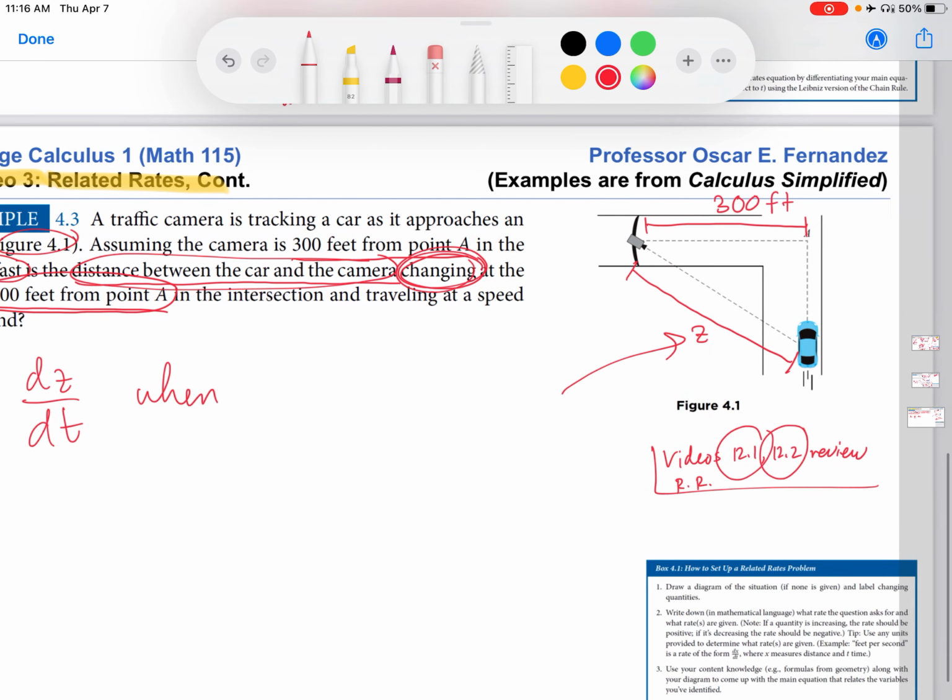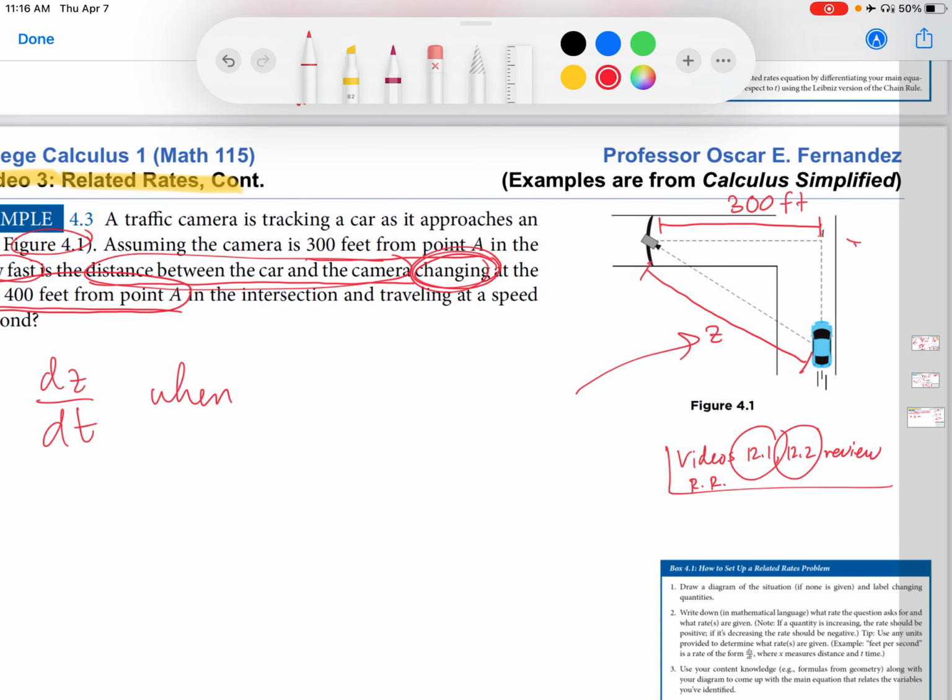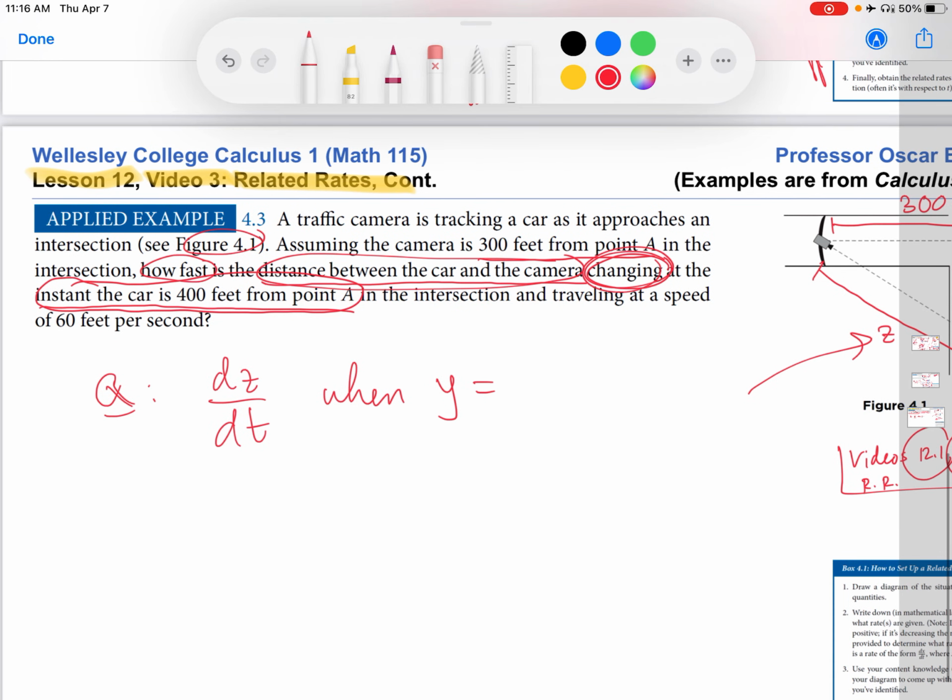So 400 feet away. Now we realize that we need some variable to measure how far the car is from point A. So we're going to introduce another letter here. In the book I call that letter y, so we'll be consistent here. Let's call this distance y. So how fast is the z distance changing when y equals 400 feet?